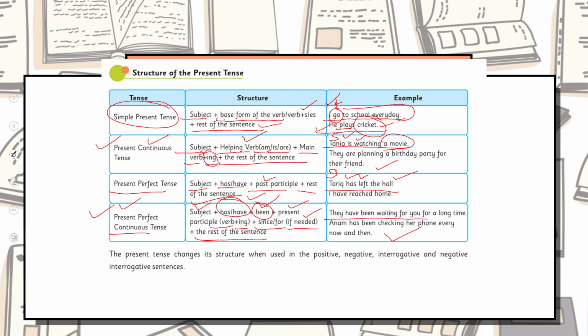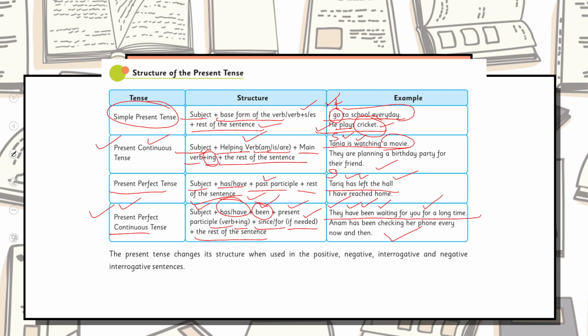They have been waiting for you for a long time. They, subject, plus have been. Have is our main helping verb, been, always, and then present participle, wait, not waited but wait, plus the ing form, plus since or for. What do we have here?